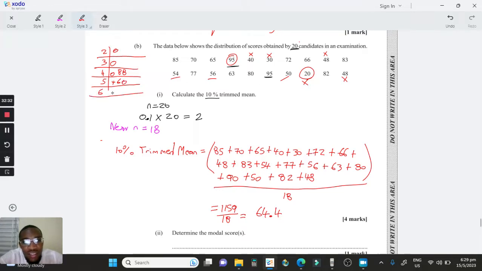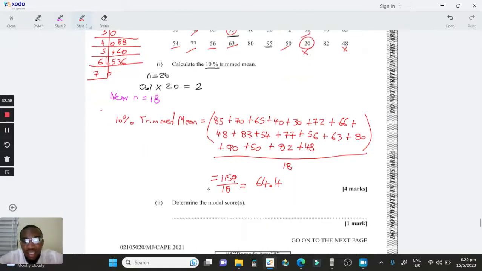In the 60s, I have a 65, a 63, a 66. So nothing there helps us. In the 70s, I have 70, 77. So basically nothing else repeats, nothing in the 80s either. So the only things that repeat are the 95 and the 48.